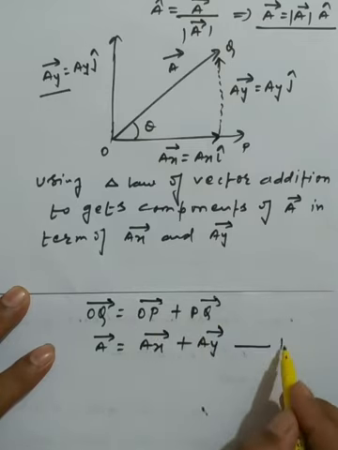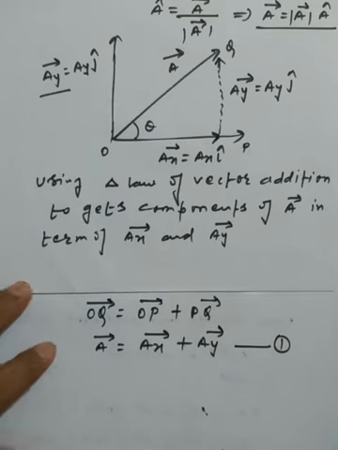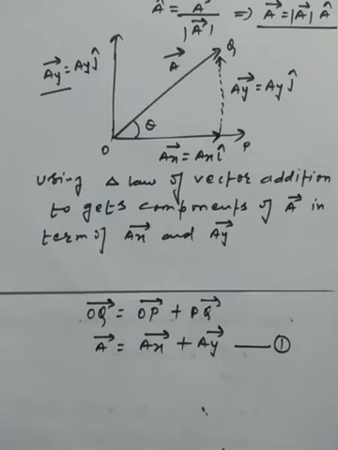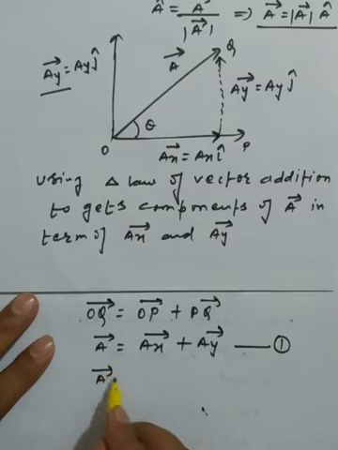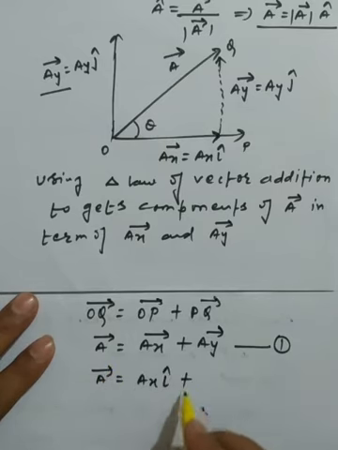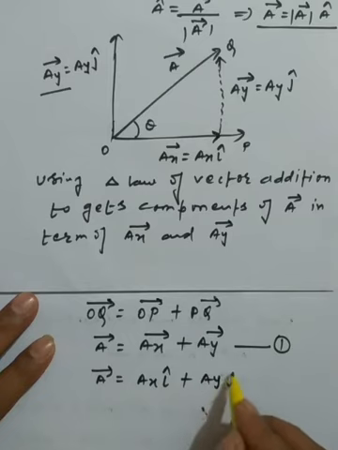This is one of the basic representations of the vector A in its rectangular components available along the two mutually perpendicular axes. We can modify the equation: vector A is nothing but ax i cap plus ay j cap. This is equation number 2.